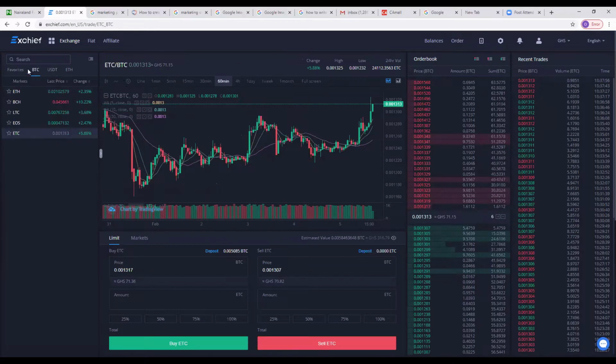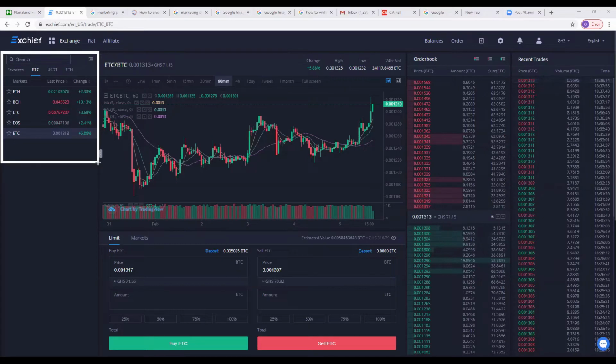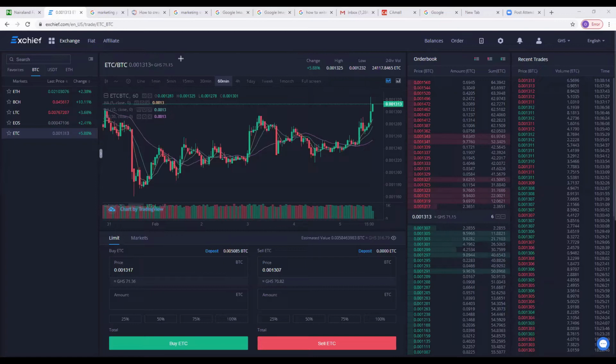So keep in mind this first portion, as I indicated earlier, gives you the various markets that you may want to trade in, and that is this area. Let me just undo this and we'll move to the second portion of our session.